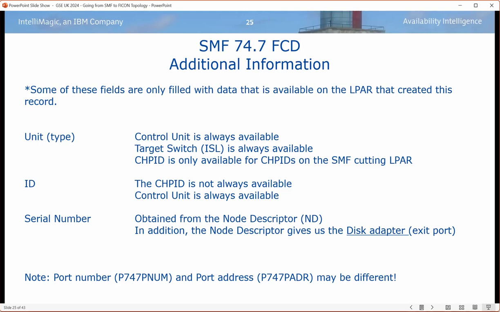Okay, so unfortunately, that piece of information is only available from that originating LPAR. So for the ID field, the chiplet, also not always available. It depends on which LPAR is cutting it and where it's getting the data from. So the FICON director information, unfortunately, sometimes is not filled with all the information we would like.